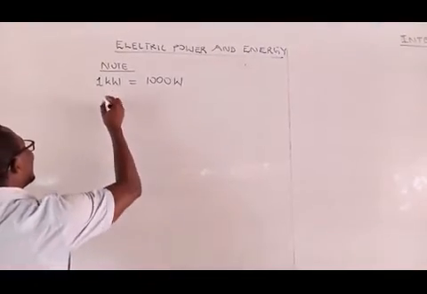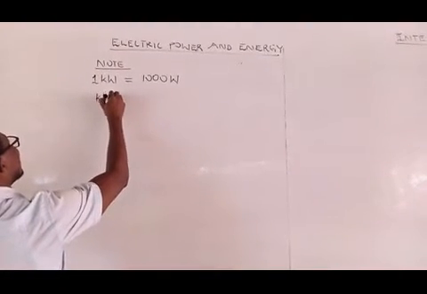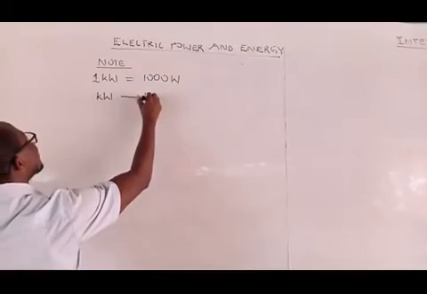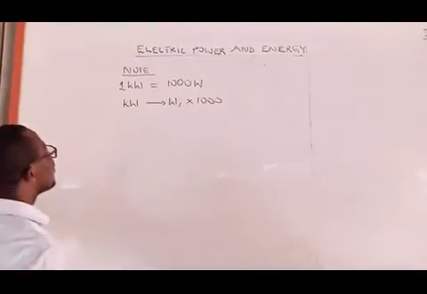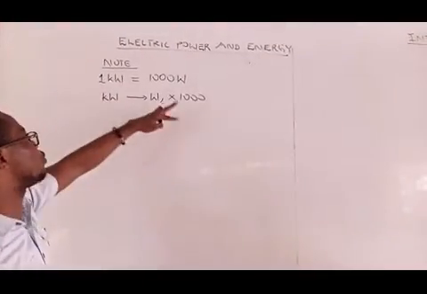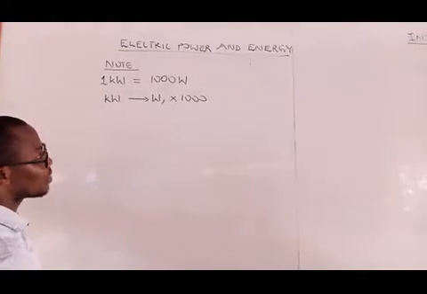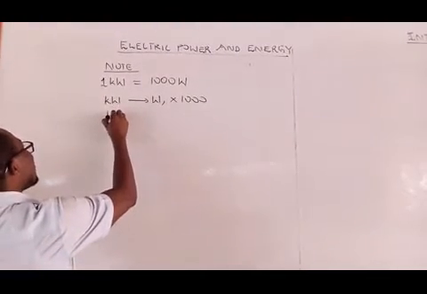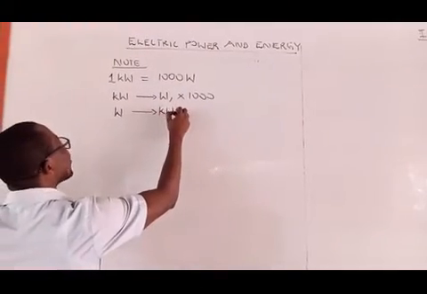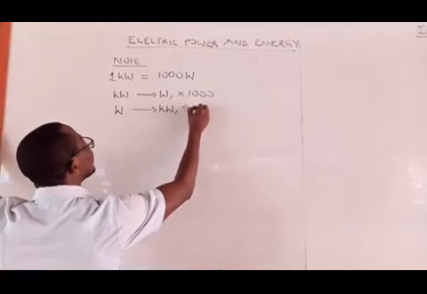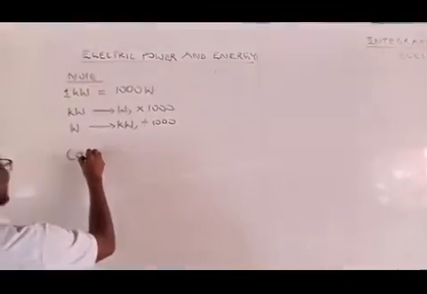So if you are converting kilowatts to watts, you multiply by 1000. If I have 2 kilowatts and I'm converting it to watts, I just multiply the 2 by 1000, and that gives me 2000 watts. And if you're converting watts to kilowatts, then we divide by 1000.